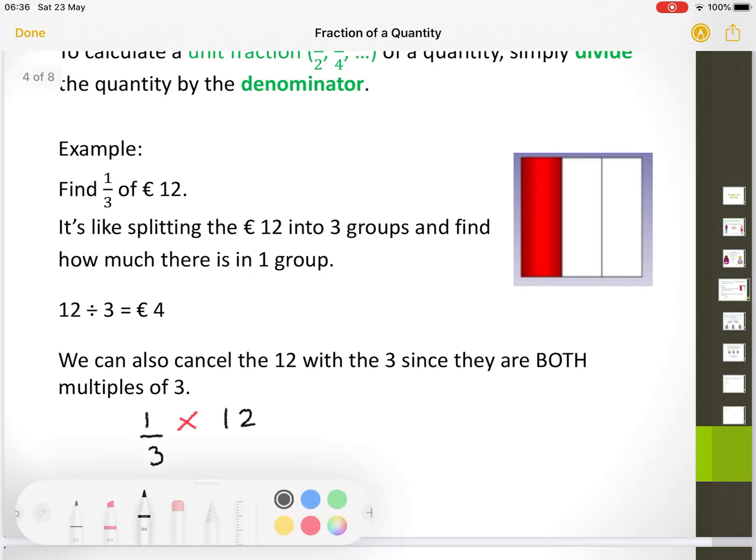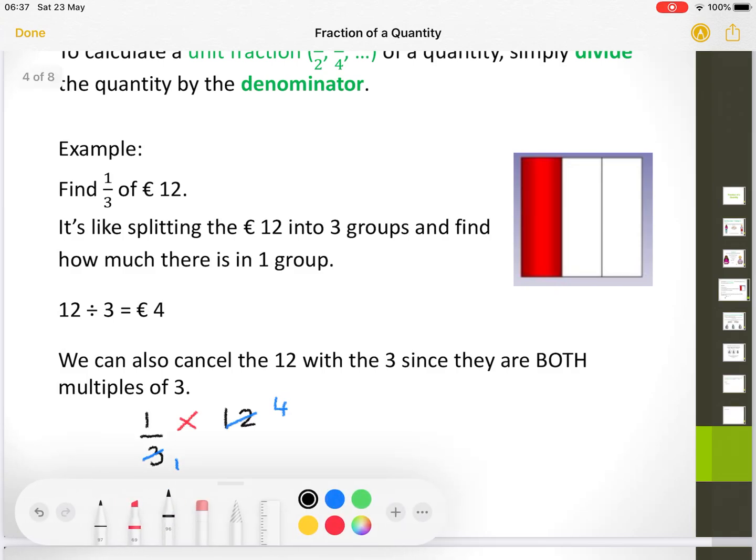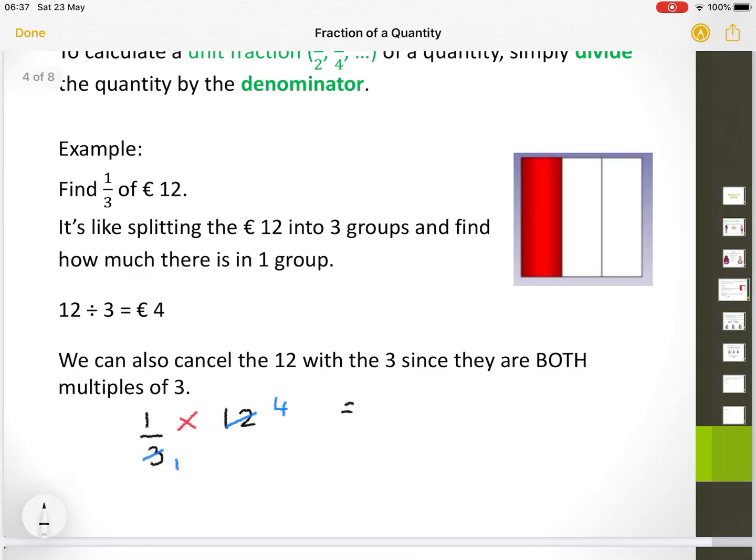12. Since 12 is at the top and 3 is at the bottom, I can cancel them, I can simplify them. They are both multiples of 3, so I can divide both by 3. 3 into 3 goes 1, 3 into 12 goes 4. Now I end up with 1 all over 1 times 4. 1 all over 1 is 1. 1 times 4 is 4.